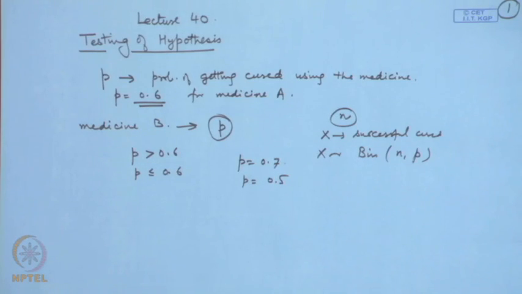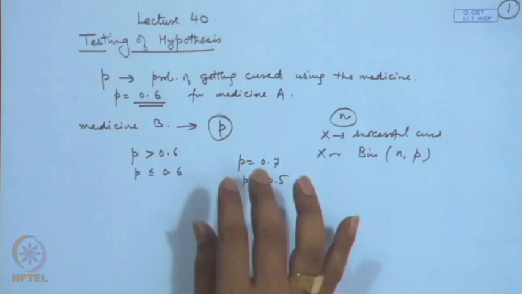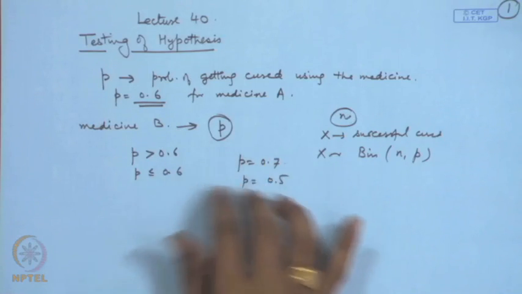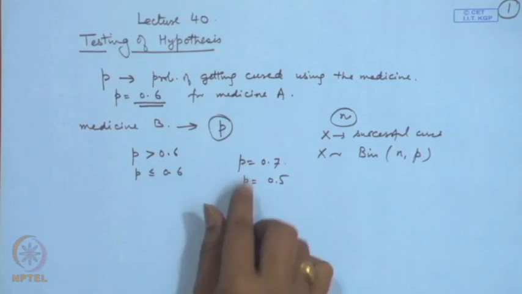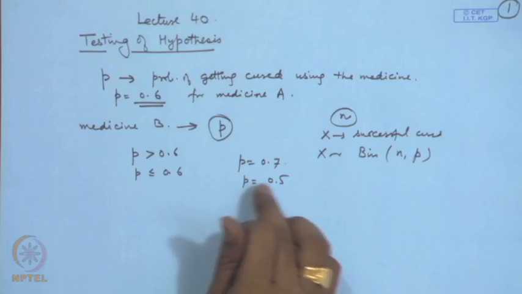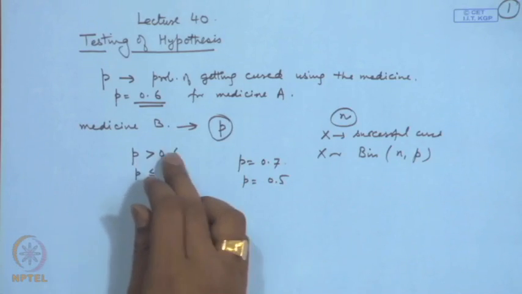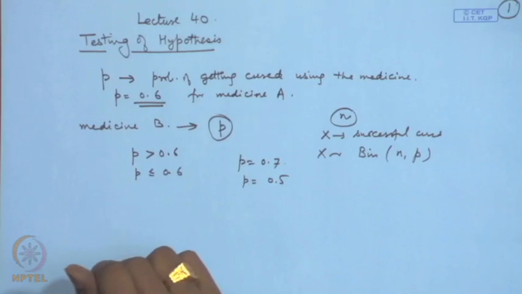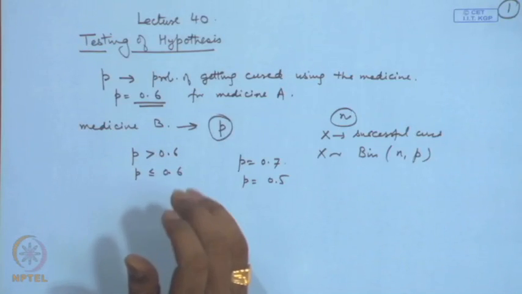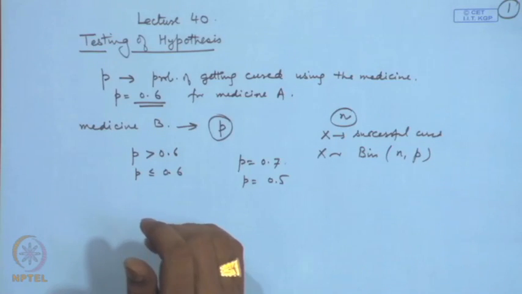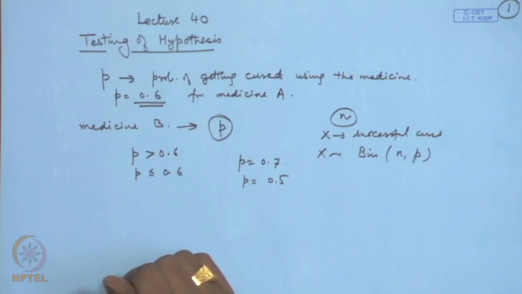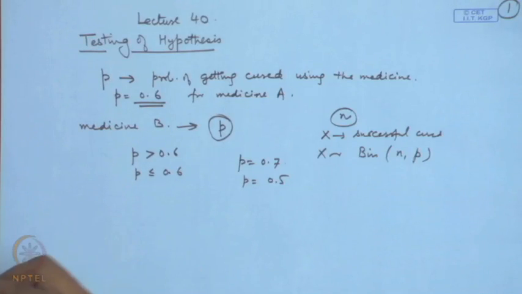Now, I have written several statements here: p is equal to 0.7, p is equal to 0.5, p is greater than 0.6, p is less than or equal to 0.6. We classify these hypotheses into different forms.